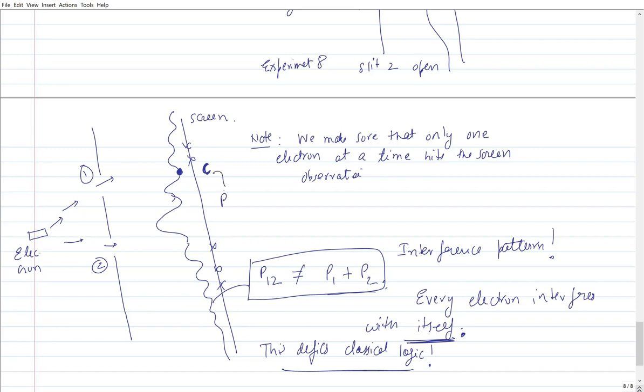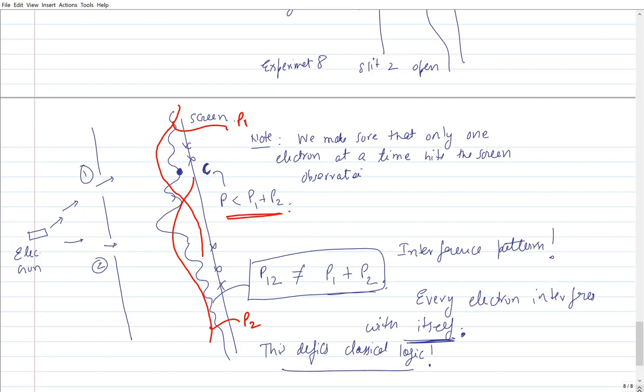At the point C, I have a probability which is less than P1 plus P2. Let me again draw P1 and P2. Let's say I had some P1, I had some P2. So this was P2, this was P1. And at a point C, I had a probability which was less than P1 plus P2.